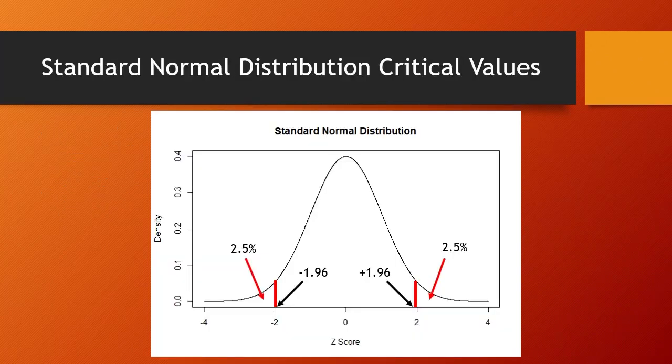So the values that you see demarcating here between rejection and non-rejection and marking off 5% of the area in the tails of this distribution are the critical values, and they are z-scores that are located at minus 1.96 and plus 1.96.